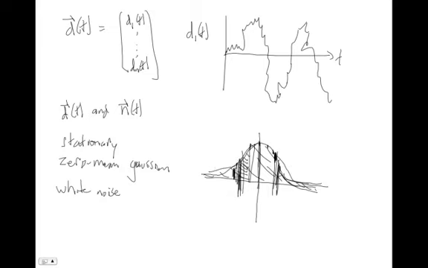So, if this is 1 standard deviation and this is 2 standard deviations, how do we describe the size of that? What we do is we say the expected value of the term d of t, which remember is an n by 1 vector, times d of t transpose.